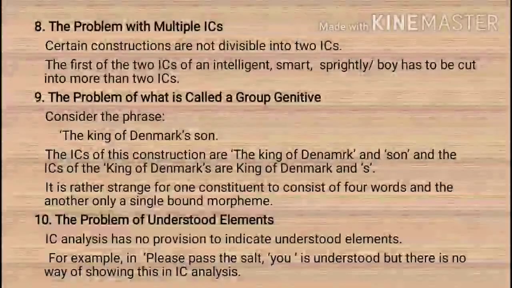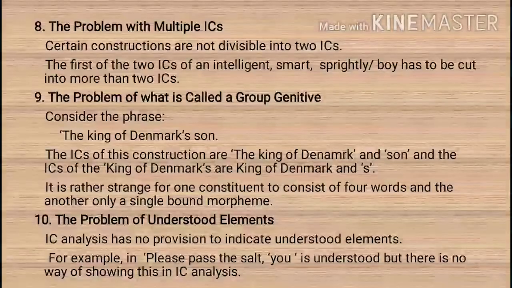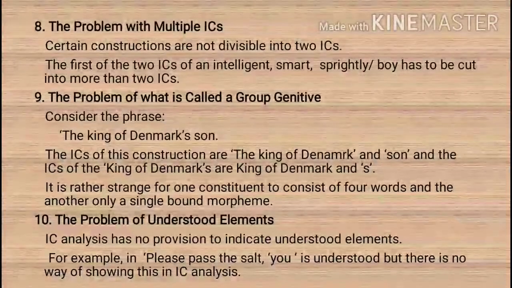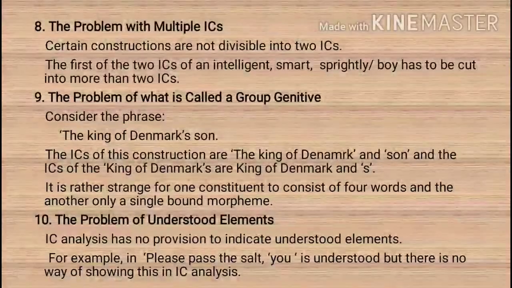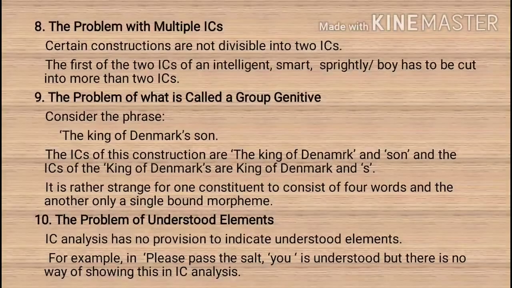Eighth is the problem with multiple ICs. Certain constructions are not divisible into two ICs. The first of the two ICs of an intelligent, smart, sprightly boy has to be cut into more than two ICs. Ninth is the problem of what is called a group genitive.